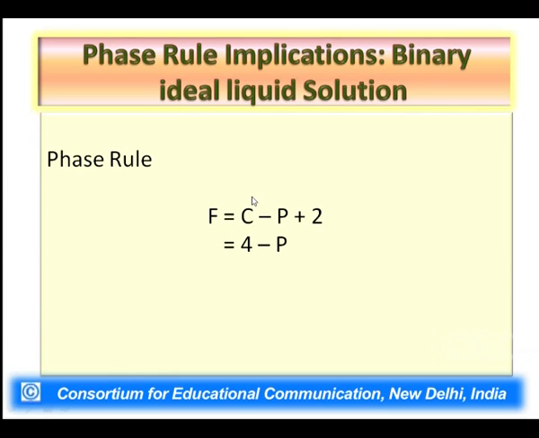Since we are dealing with a binary liquid mixture, there are only two components, so C is equal to 2. The phase rule equation says F, the degree of freedom, equals C minus P plus 2. When C is 2, the equation transforms to 2 minus P plus 2, which is equal to 4 minus P.